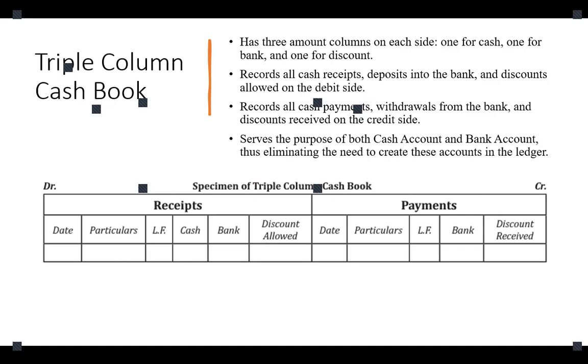It serves the purpose of both cash account and bank account. It means it is a type of cash book where you will get an idea about your bank balance, and you will also get an idea about your cash balance. That's why it is called a triple column cash book, because it records three columns on both sides, debit as well as credit.